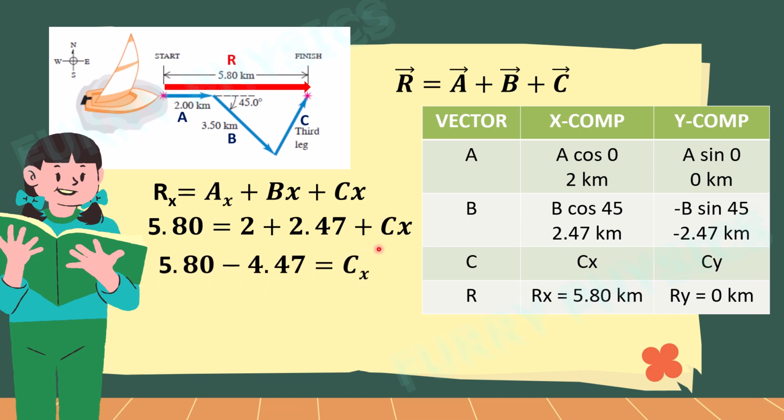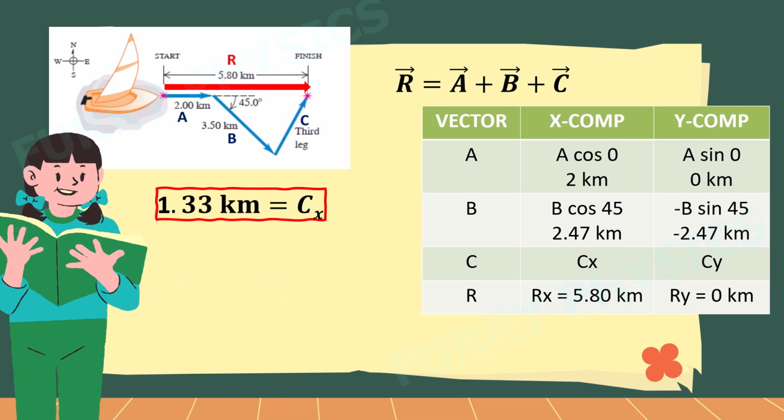Since the only unknown quantity here is Cx, you can solve for Cx. Cx will be equal to 5.8 minus 4.47, and that is 1.33 kilometers. That's the x component of the third leg. Similarly, we can get the y component, Cy.